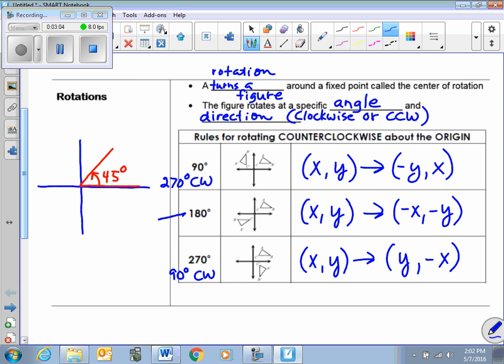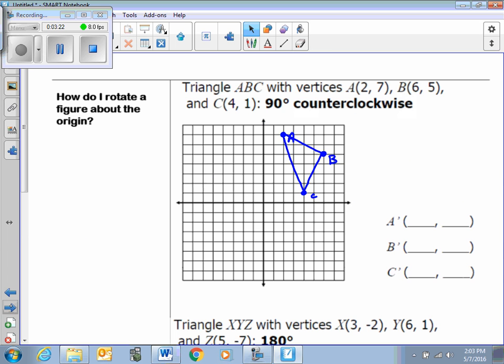Doesn't matter whether I specify the direction or not, because clockwise or counterclockwise, that's going to be the same. So you better make yourself a flashcard. If you're one who's stopped making your flashcards, you definitely better make yourself one with these rules so you'll remember them.